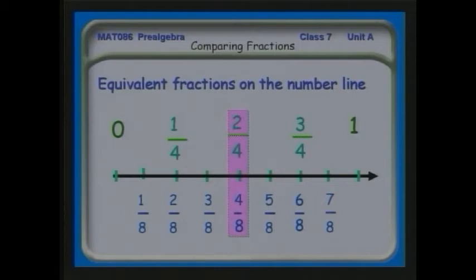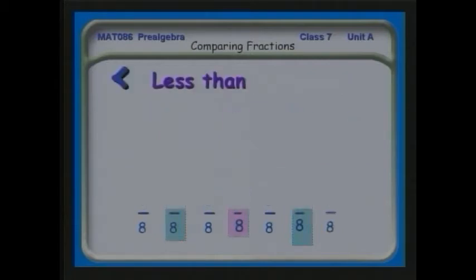Notice that 1/2 is still halfway across, 2/4, 4 pieces out of 8. I'm talking about exactly the same numbers. 1/4 is equivalent or equal to 2/8. They're equivalent fractions. 3/4 is equivalent to, has exactly the same value as 6/8.